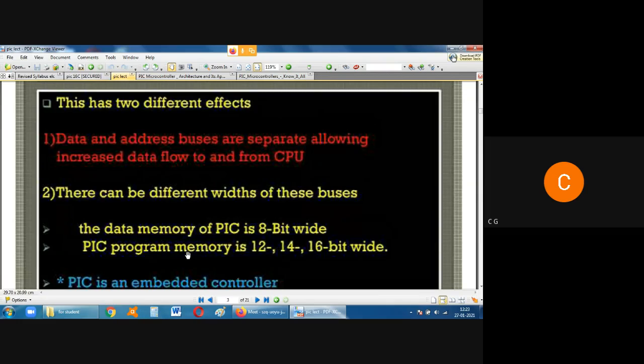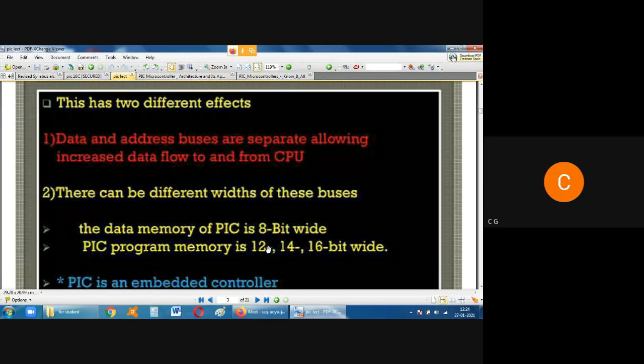Similarly, PIC program memory is 12, 14, 16 bits wide. In this case, PIC has its own program memory, which is an EEPROM, where all the instructions, their meaning and the loop structure are written.